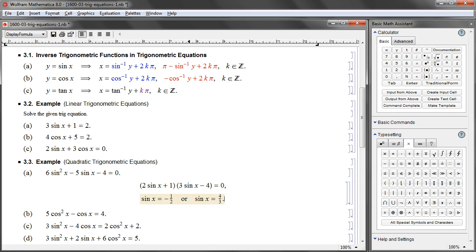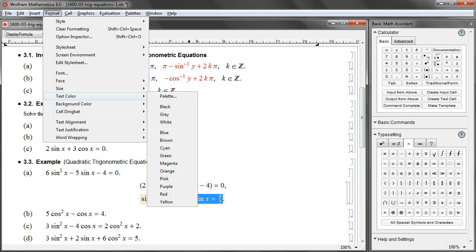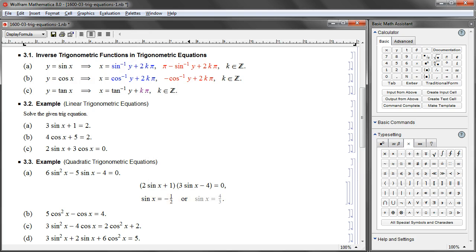Now, do both of them make sense? I hope everybody sees this. The second one, sine of x equals to 4/3, is bogus. The reason is because sine function is bounded by negative 1 and positive 1.